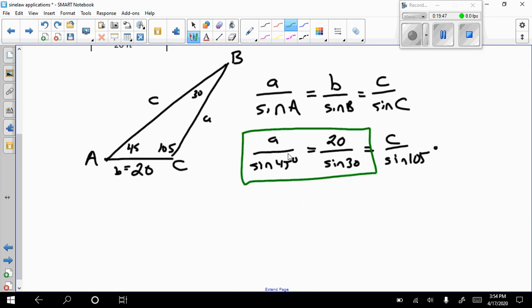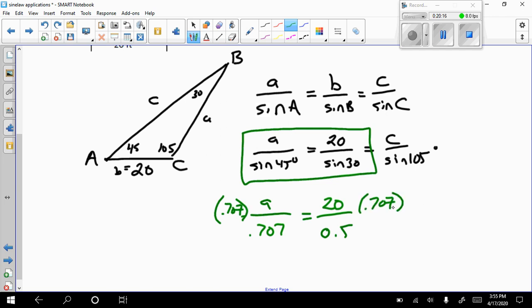So here we go. A over sine of 45. Sine of 45 is equal to 0.707, so A over 0.707 is equal to 20 over sine of 30, which is 0.5. And so I'm going to multiply this by 0.707, multiply this by 0.707.